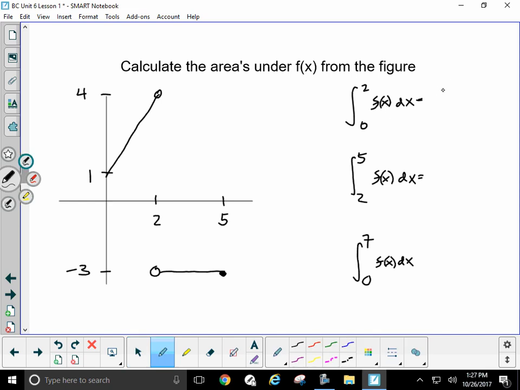0 to 2, trapezoid, 1/2. Width of 2, height of 1 and 4. That's 5. 2 to 5, under the x-axis. Rectangle, width of 3, height of -3. -9. 0 to 7. Well, you can go ahead and guess, and we're going to include a property. We can just add 0 to 2 and 2 to 5 together, and we get -4.